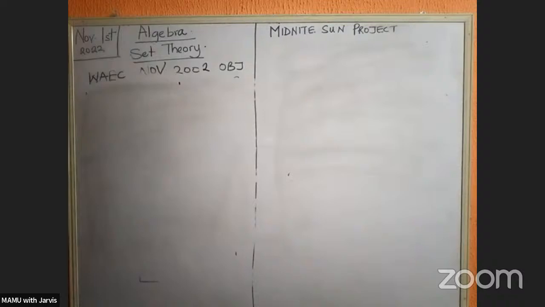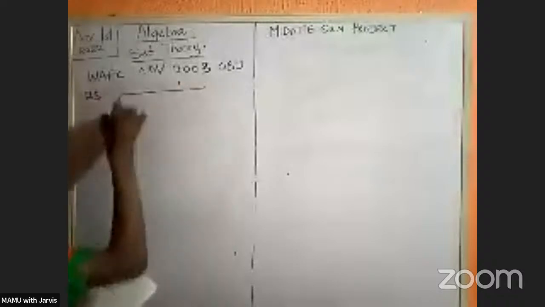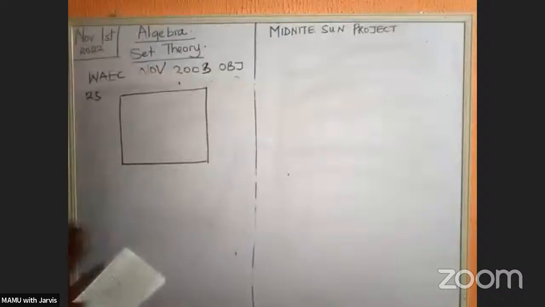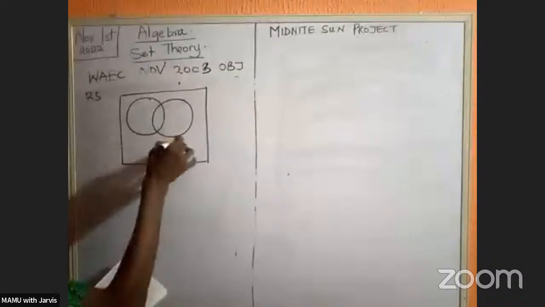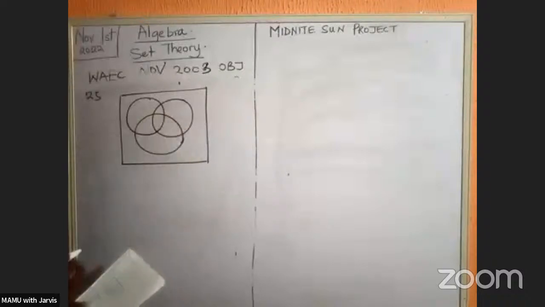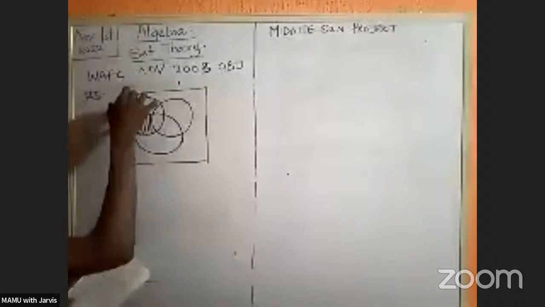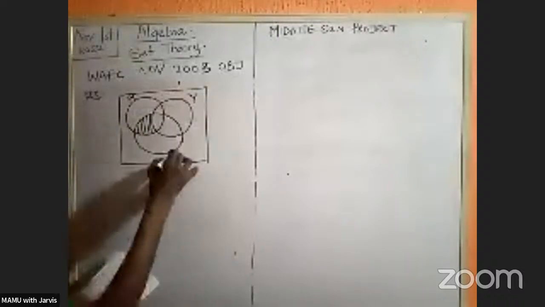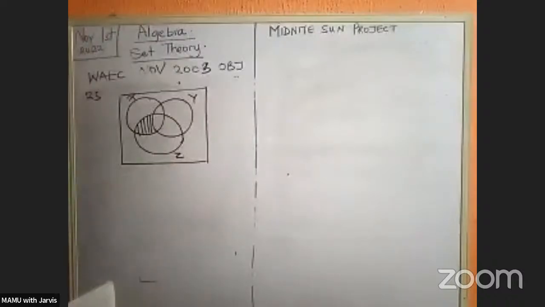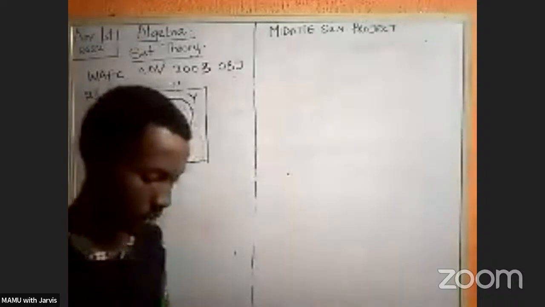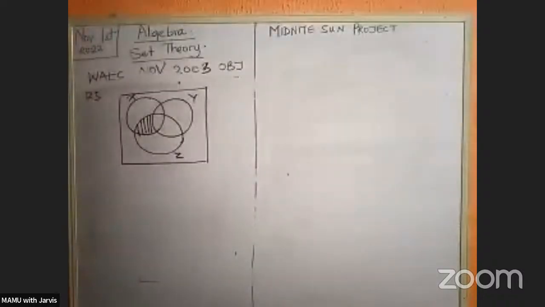The question is question 25, and it says, and this part shaded. This is X, this is Y, and this is Z. He said the shaded region in the Venn diagram represents what?